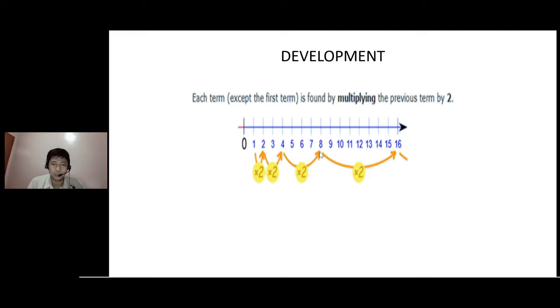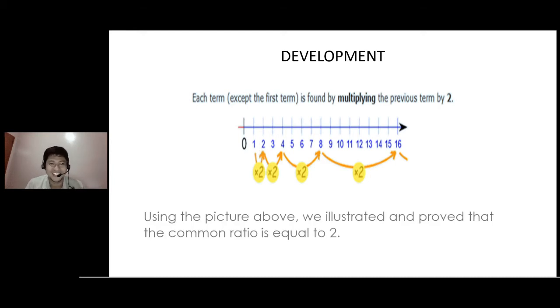And 8 will be multiplied again by 2 in order for us to get 16. So that is the fixed number multiplied by our preceding term, and we call that the common ratio. In other words, using the picture above, we illustrated and proved that the common ratio is equal to 2. Very good.